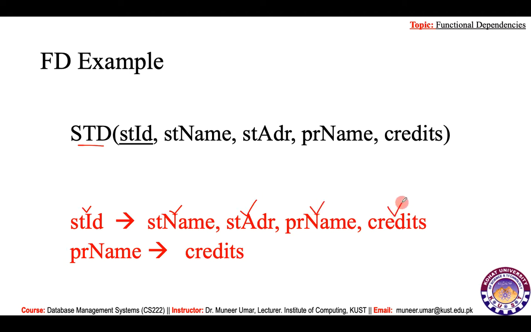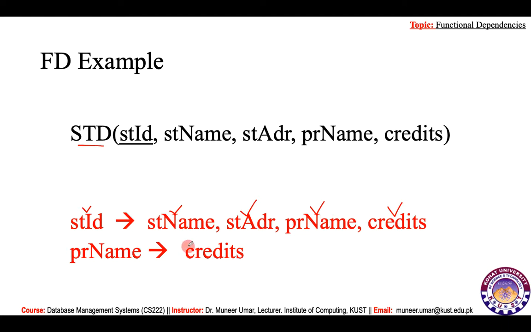It is like if we have the ID of a student, then we can get information about his or her name, the address of student, his program name, and also the credits offered in that program.